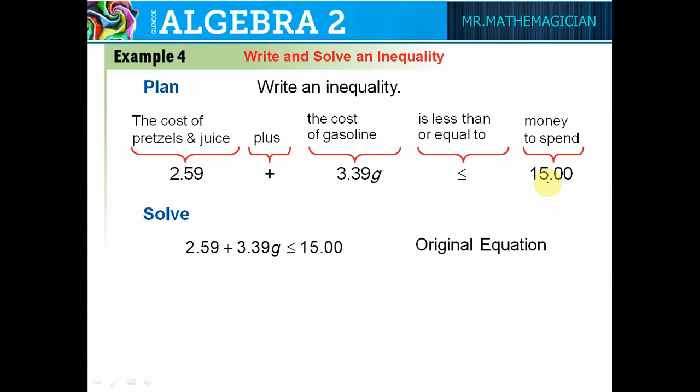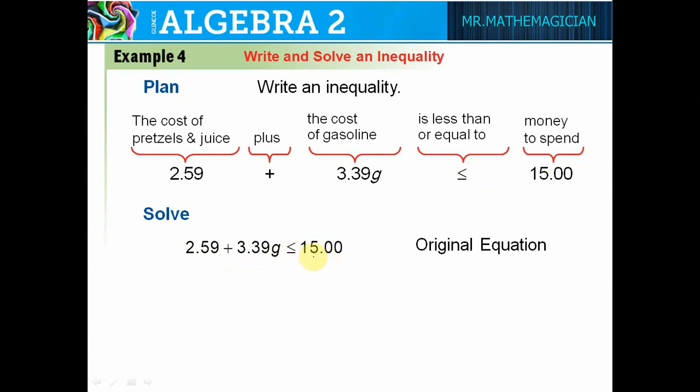He cannot spend more than 15 because he has only 15. So we can say smaller than or equal to 15. Now this is our inequality. We succeeded to form the inequality: 2.59 plus 3.39 G smaller than or equal to 15.